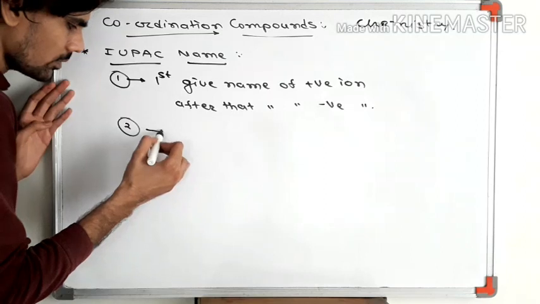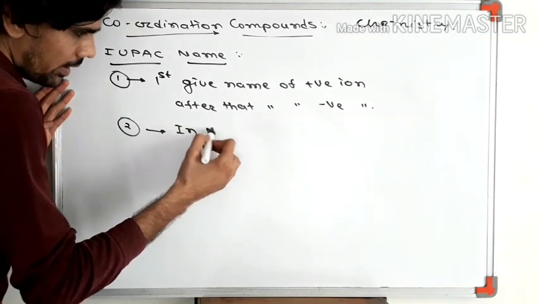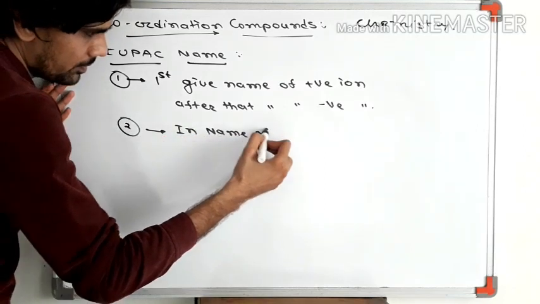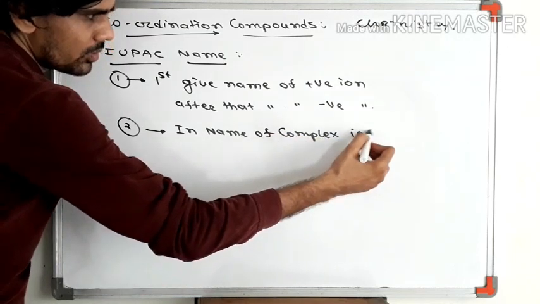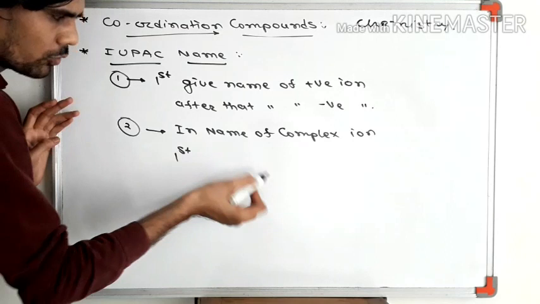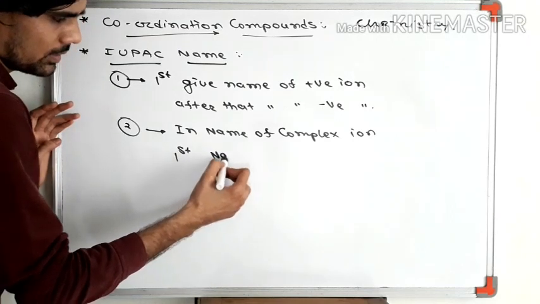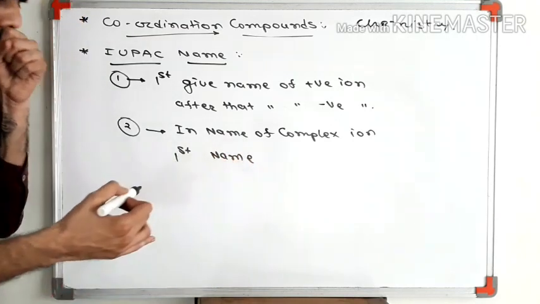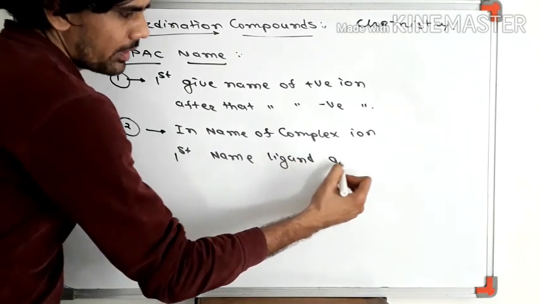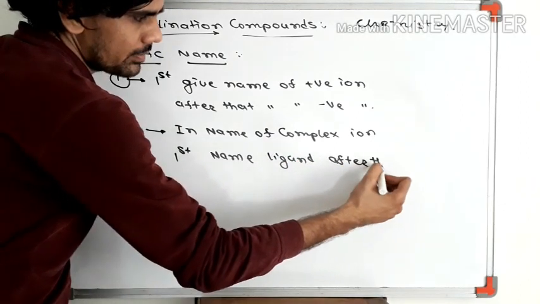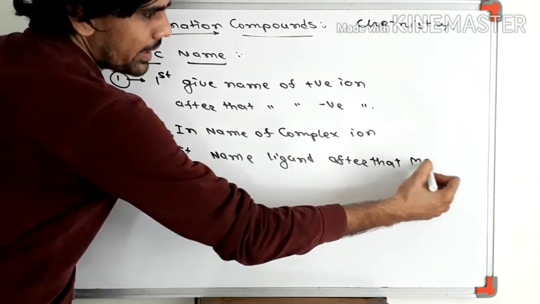Second, in name of complex ion, first you have to name the ligand, and after that the metal ion.